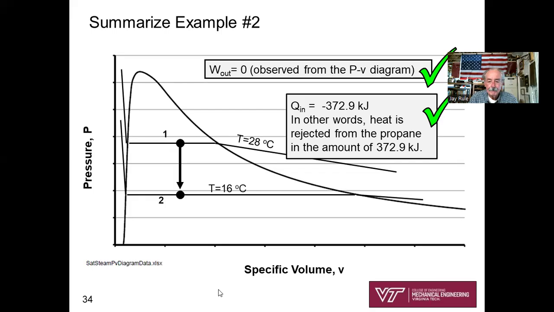Wow. Once we got that, we applied the first law of thermodynamics to get Q in as negative 372.9. In other words, I wrote out in my solution to make it clear that I understand about heat transfer in and heat transfer rejected. Heat is rejected from the propane in the amount of 372.9 kilojoules. So I just wrote that out.